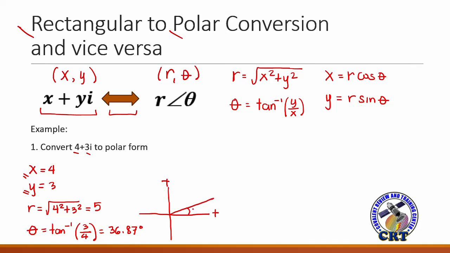So this is the 36.87 degrees. Since theta is with respect to the positive x-axis, that is now your final value for theta. And your answer here, in polar form, is z equals 5 angle of 36.87 degrees.